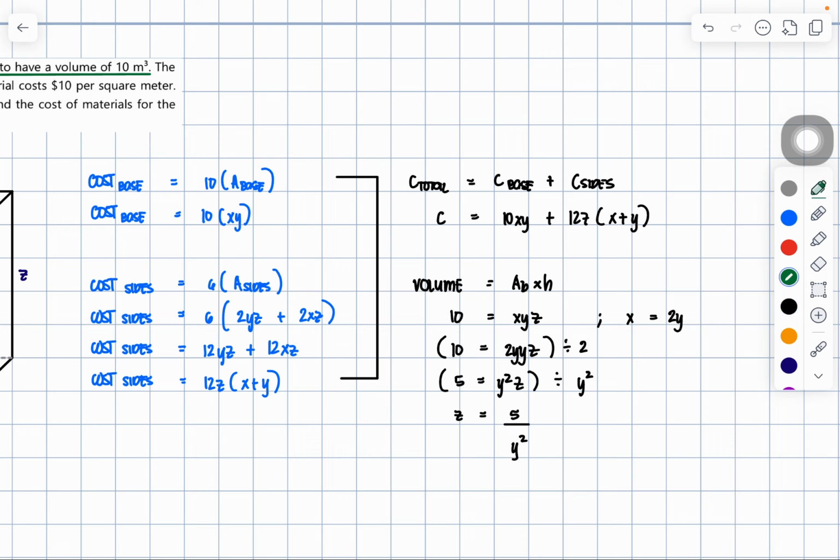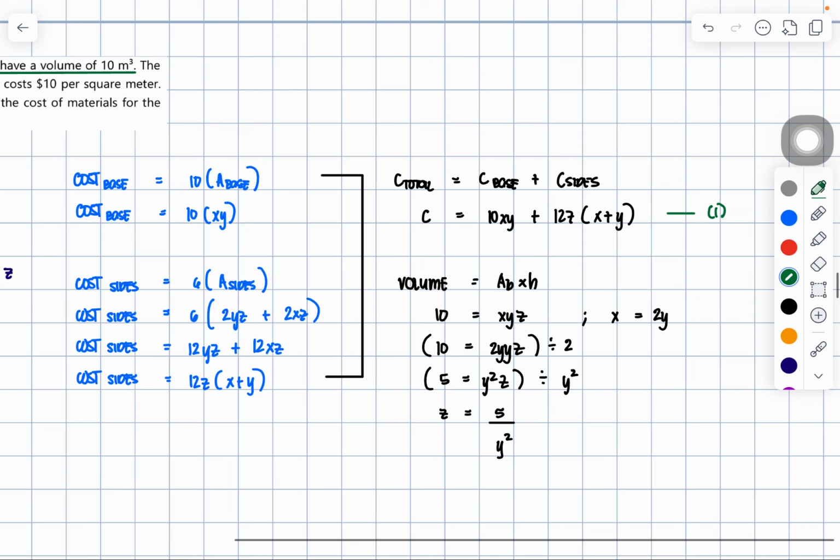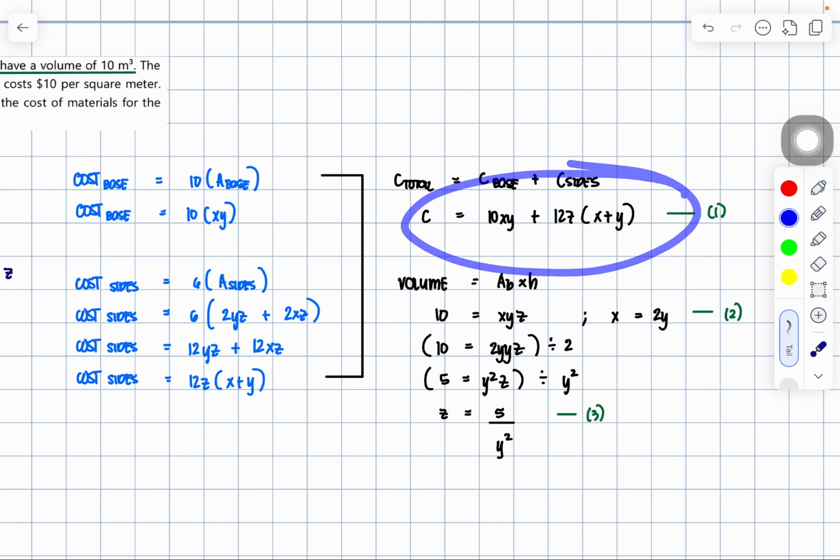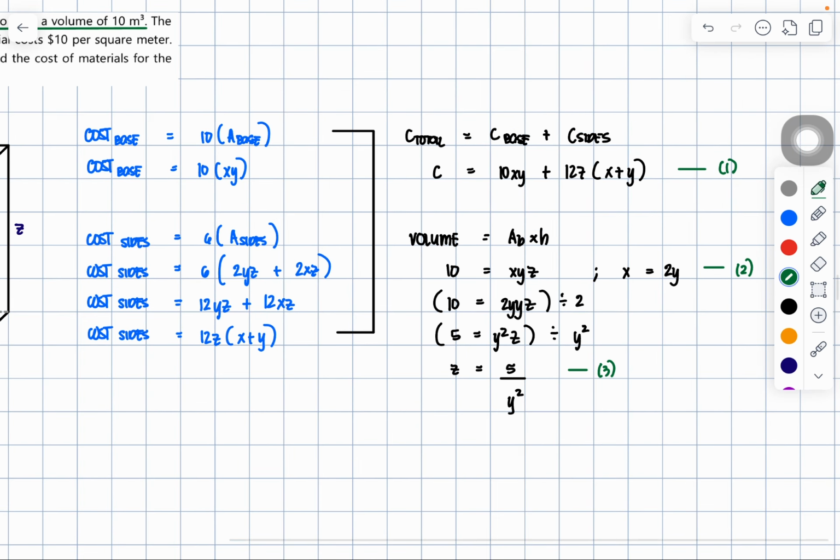Okay, so let's say this is equation 1 kasi ito yung pinaka-important equation natin, the one that needs to be optimized. This is equation 2, and then this is equation 3. What I want to do is that this one could be rewritten into a singular variable only. So let's plug in equation 2 and equation 3 in 1.